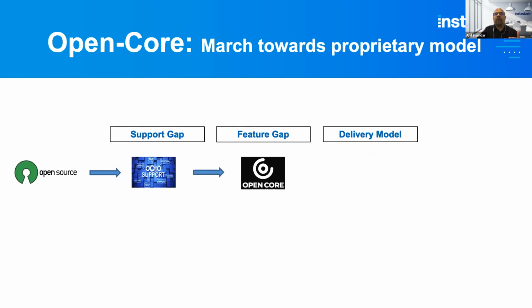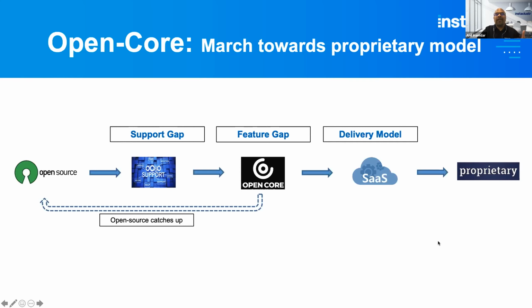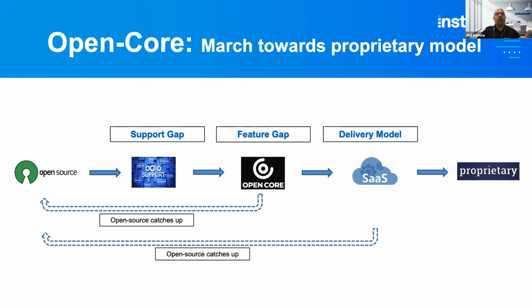And ultimately, it becomes another proprietary company or proprietary solution. But open source does not stay quiet. It constantly upgrades and fills the gap. First, the feature gap, and then the delivery model alternatives. This is something to think about and ponder about, because when you're deciding between open source and open core, realize that open core at some point is always moving towards proprietary model, while open source always remains open source.